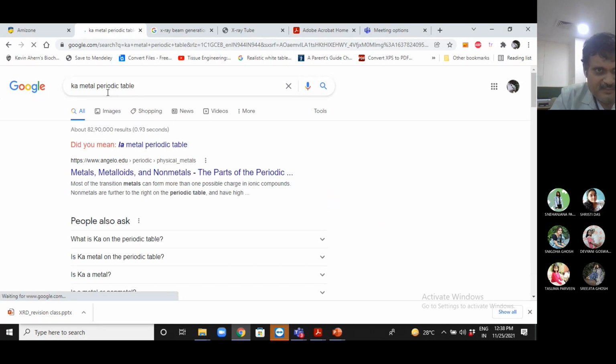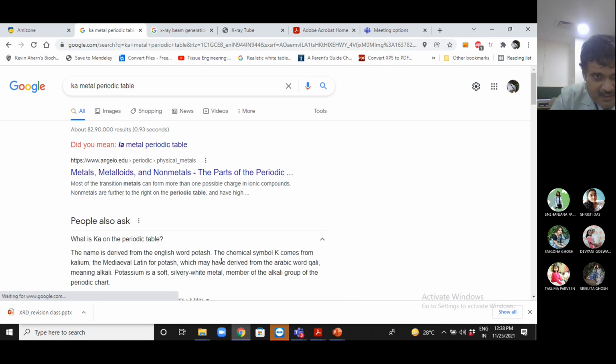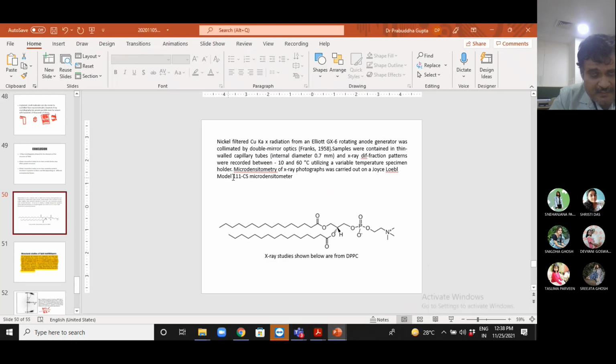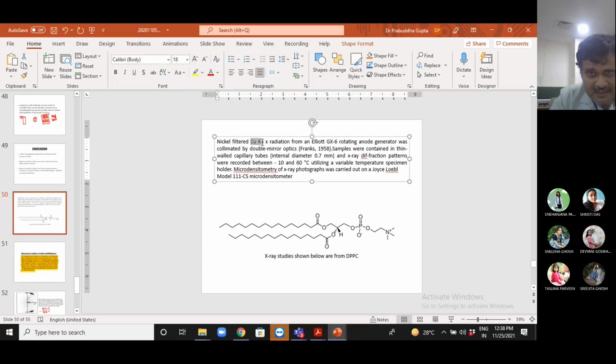Beryllium most likely. Gallium. Okay. So it is copper K-alpha X-ray radiation, and these are the parameters.